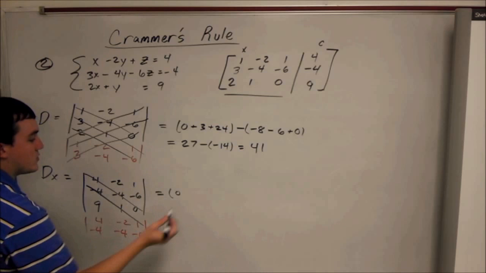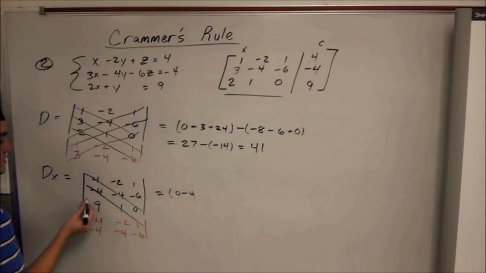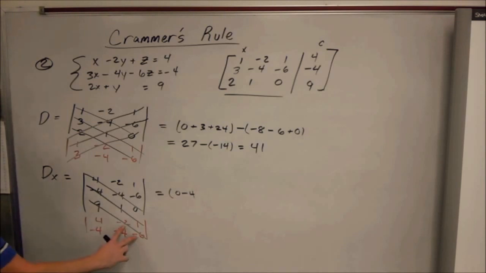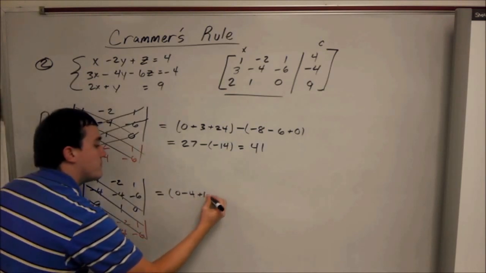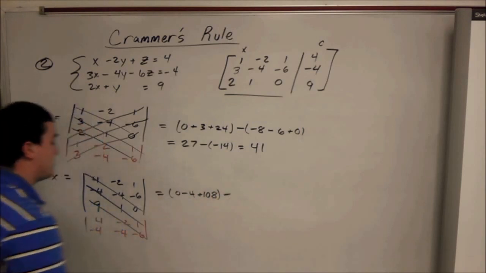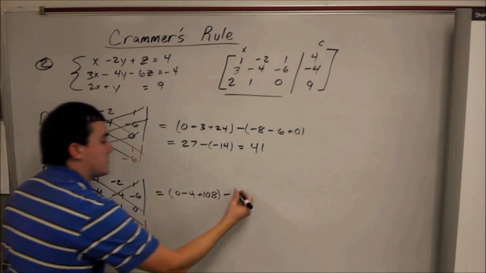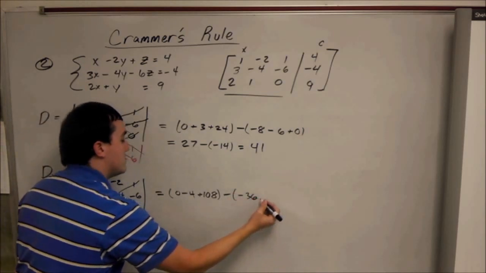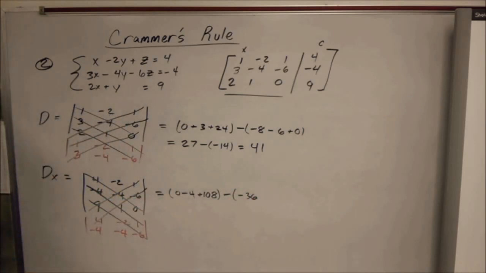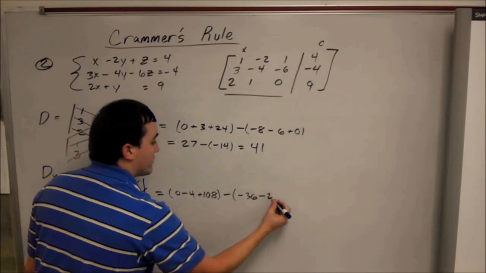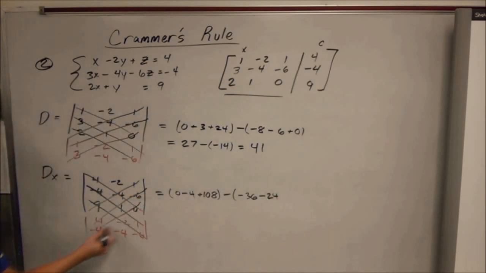Negative 4 times 1 is negative 4. 9 times 2 times 6. 2 negatives make positive. 6 times 2 is 12. Times 9 is 108. Minus 1 times negative 4 times 9 is negative 36. Negative 6 times 4 is negative 24. And 0.